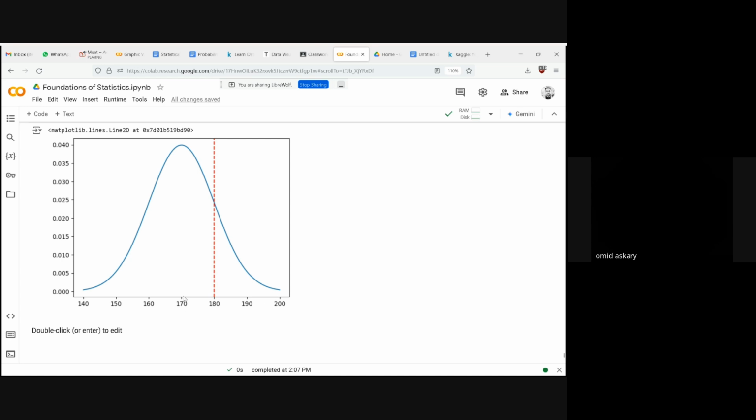Look at this. Assume that this is 0, and this is +1, and this is -1. So this is how you will be assuming. This 0, this mean, is actually the highest point. This is the density function at the highest point. Toward the right side, that will be the positive, and toward the left side, those will be the negative values.